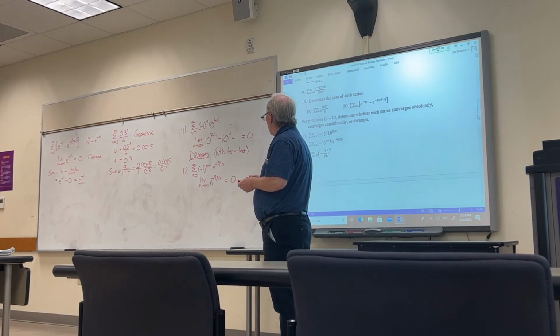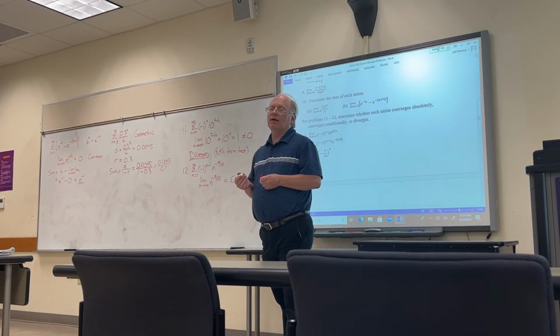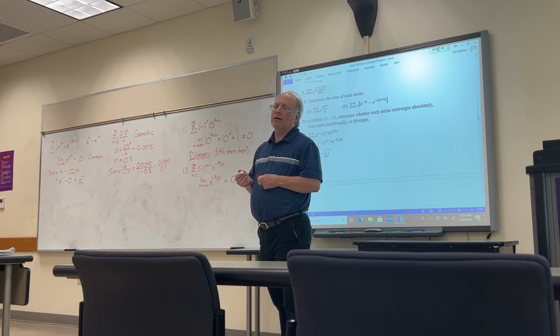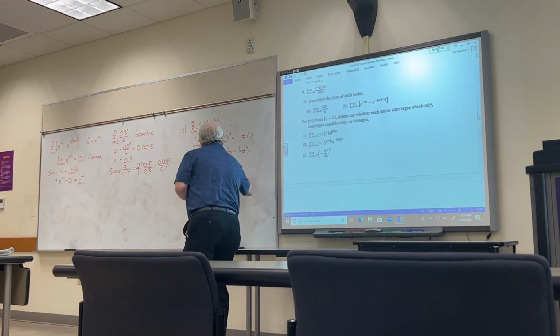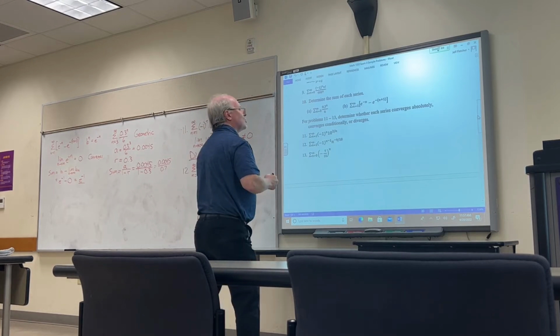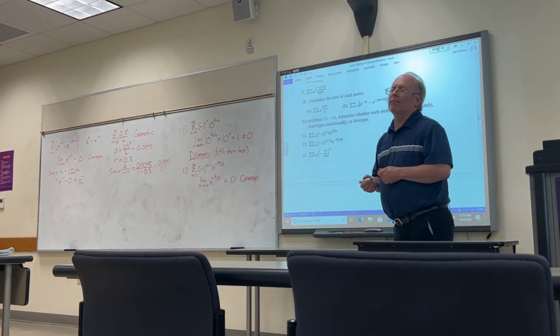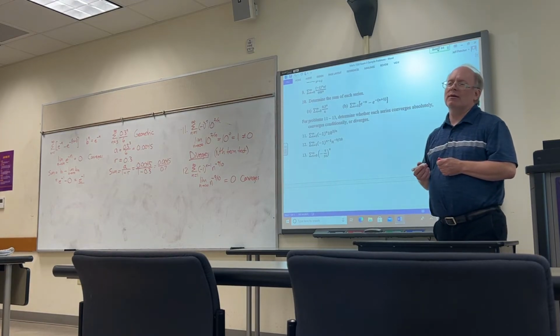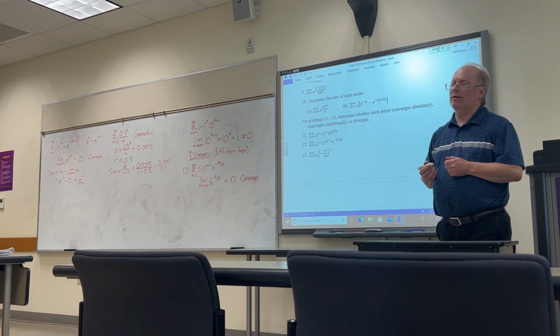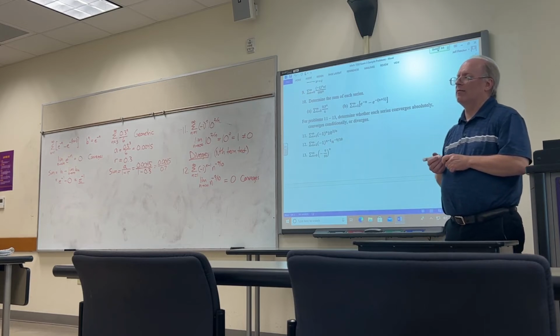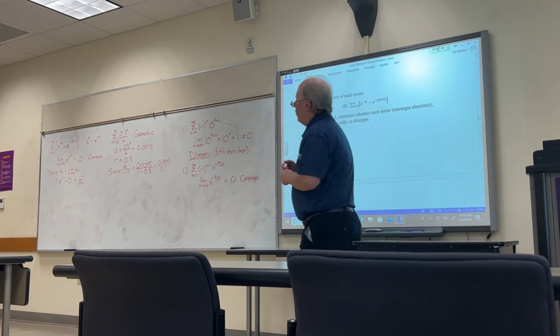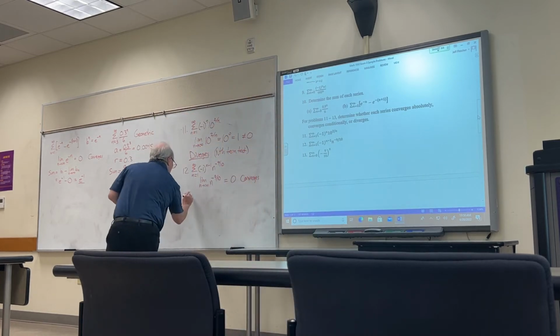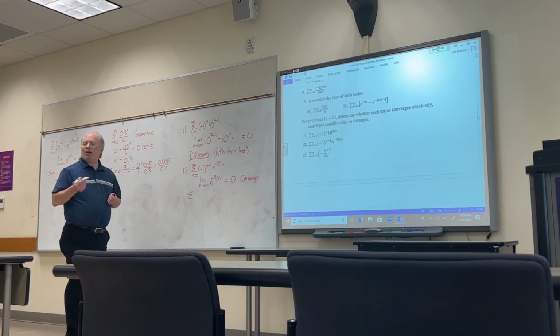So if the limit is 0, what does that tell us? That it converges. Right, it tells us the series converges. So now we need to see if it converges conditionally or absolutely. So how can we tell? Well, remember, we look at the series without the negative 1 factor.